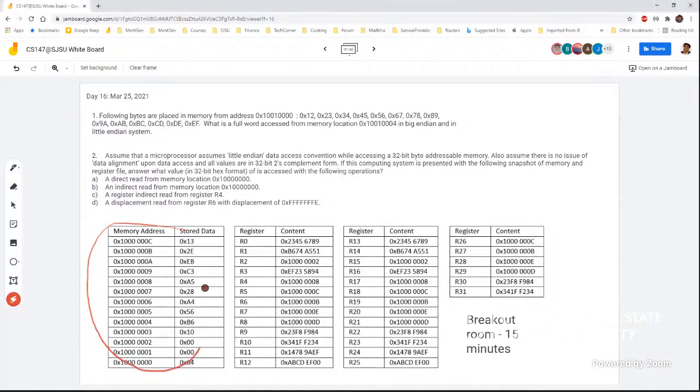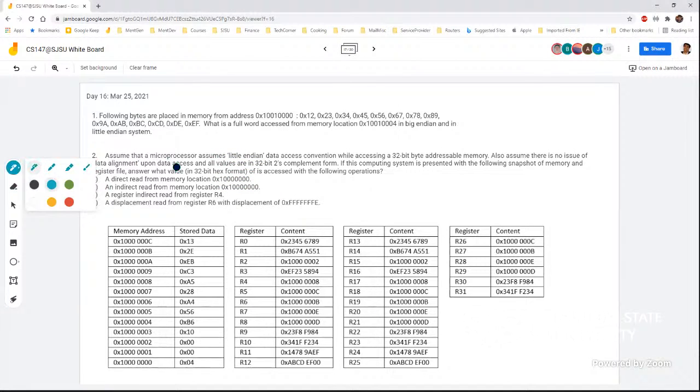What is our memory content and what is our register content, and from that, our first one is to have a direct address from the location 100, right? And we are talking about the little endian. So let us mark this little endian data access.